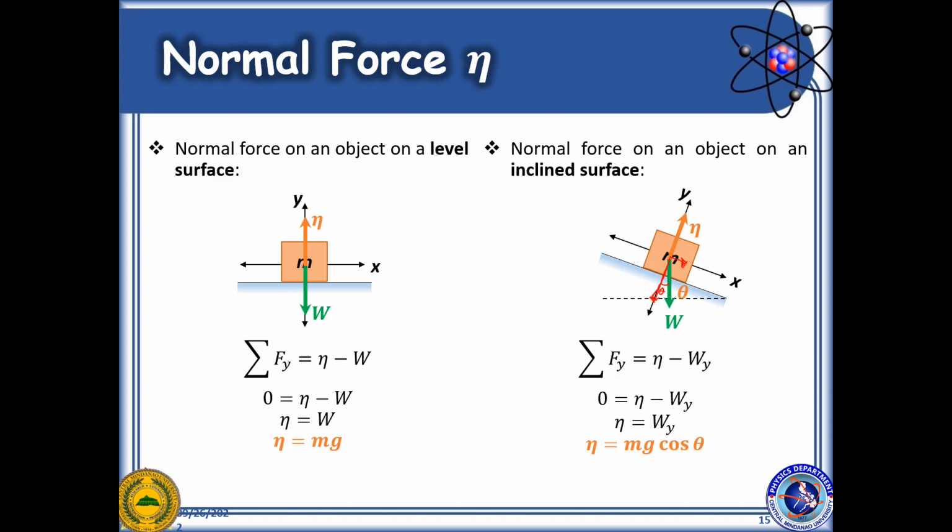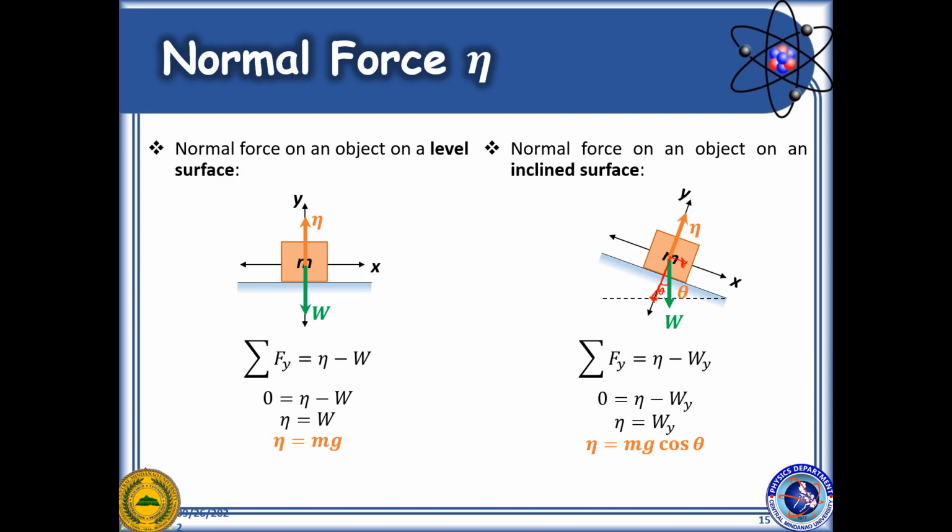Notice that this side is adjacent to the angle theta. Therefore, you have 0 equal to the normal force minus W sub y, or the y component of the gravitational force.